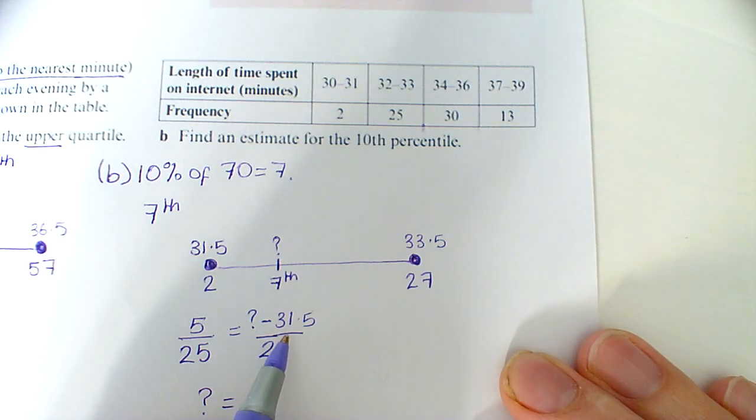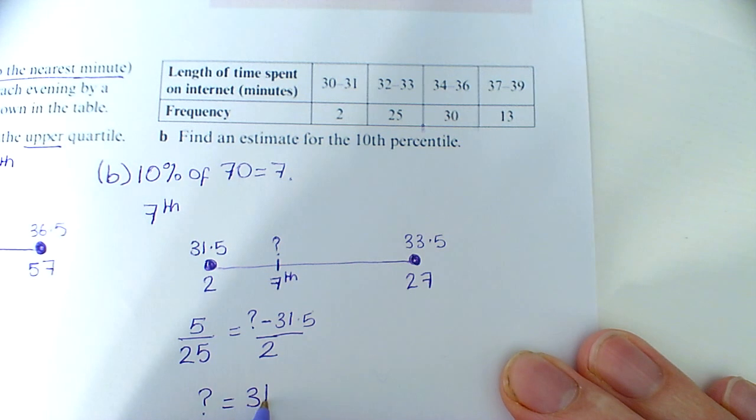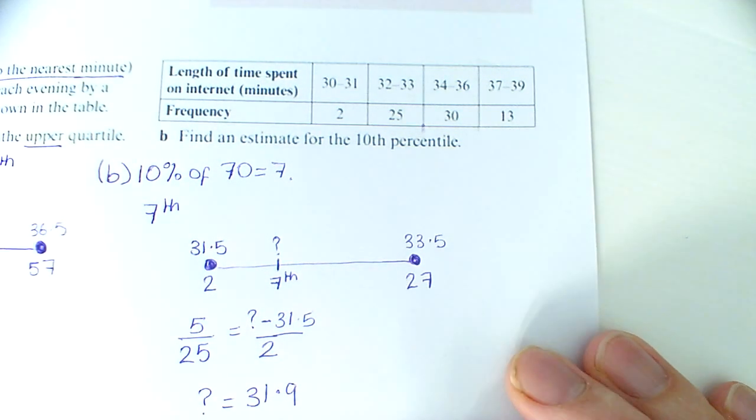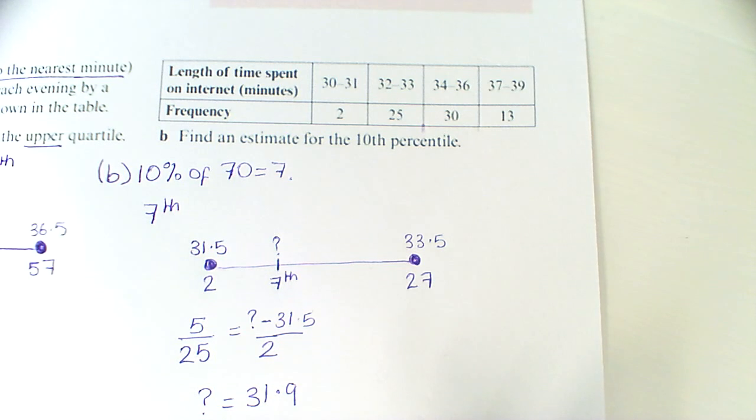We'd multiply by 2 and add 31.5, which gives a value of 31.9. That would be an estimate for the 10th percentile.